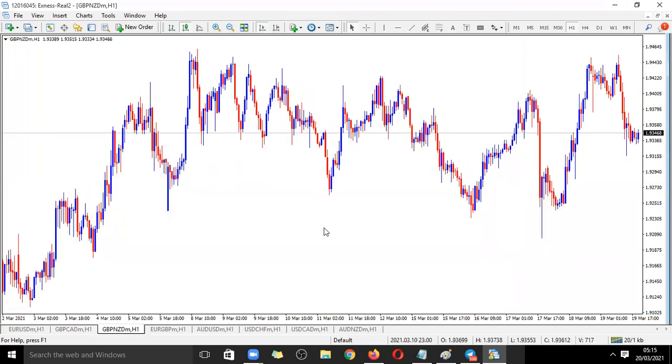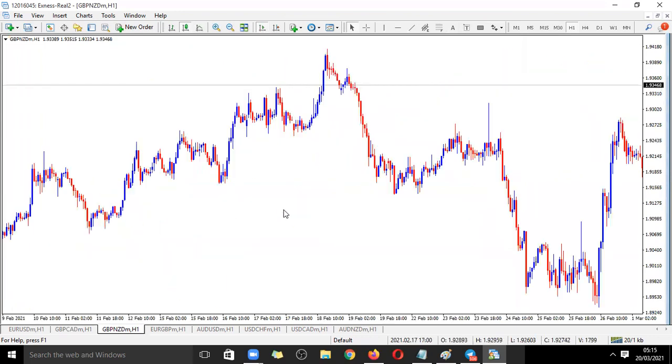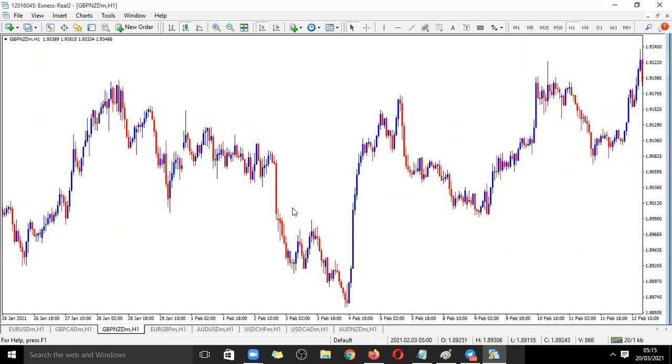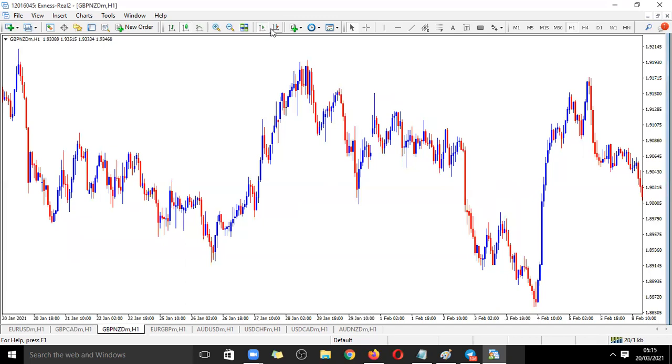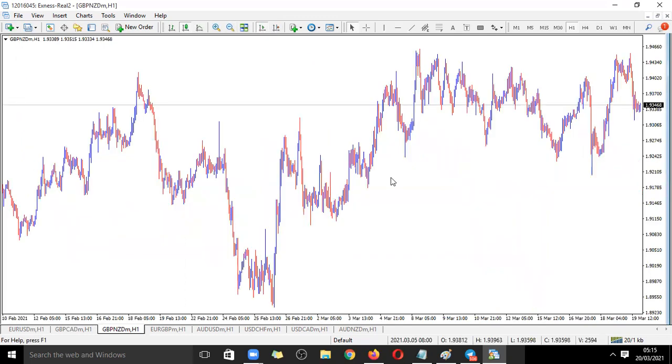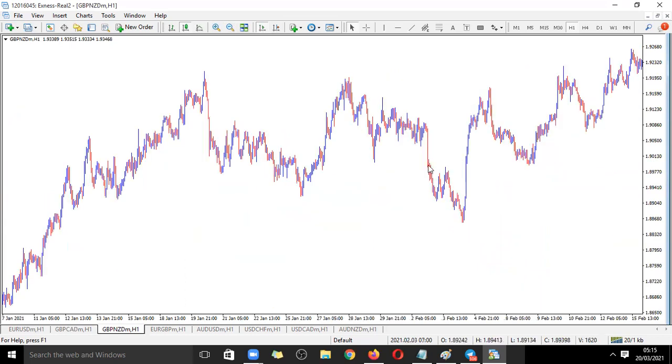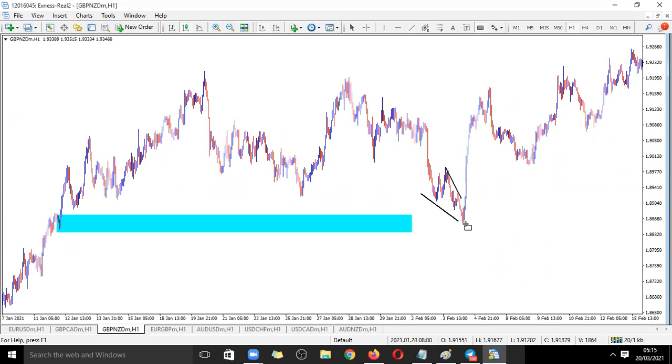Let me get another one. British pound New Zealand. Let me go to the 4th of February, which is right there. Now look at that. Here we had a compression, and price was compressing towards a decision point.